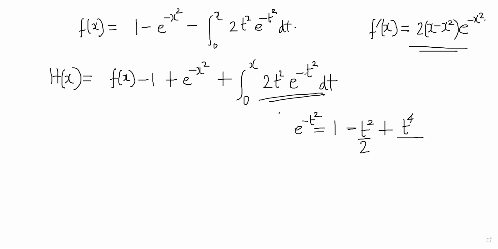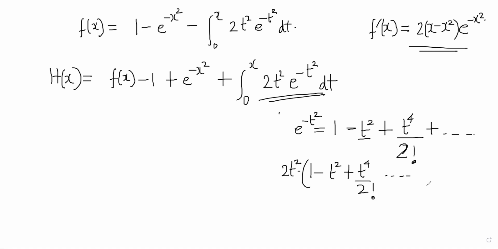So x is minus t square, so x square is this by 2 factorial, and higher terms, right? So 2t square times 1 minus t square plus t power 4 by 2 factorial and so on will become basically 2t square minus 2t power 4 plus 2t power 6 by 2 and so on.